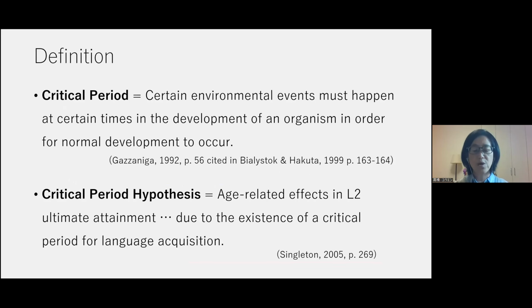And critical period hypothesis is a hypothesis related with L2 attainment. This is defined as age-related effects in L2 ultimate attainment due to the existence of a critical period for language acquisition.